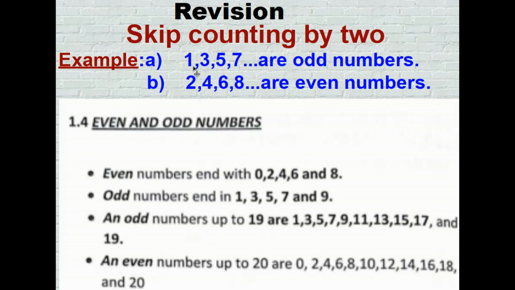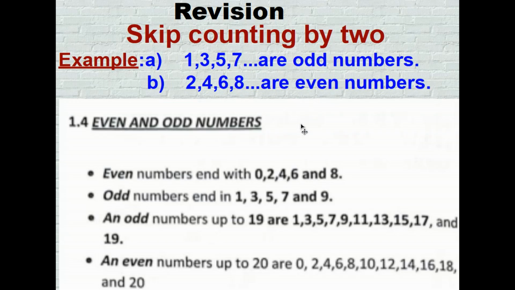Between 1 and 3 there is 2, 3 and 5, 2, between 5 and 7 there is a difference of 2. And between 2 and 4, 4 and 6, 6 and 8, all these numbers have a difference of 2, or you can say a gap of 2. So in the case of odd numbers and even numbers, the counting is by 2.